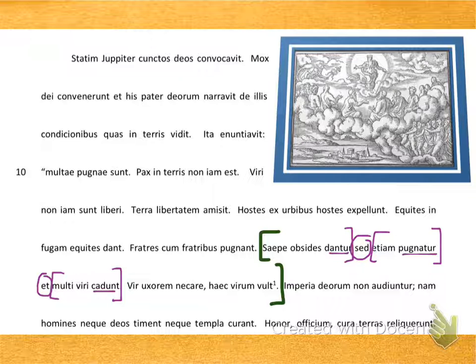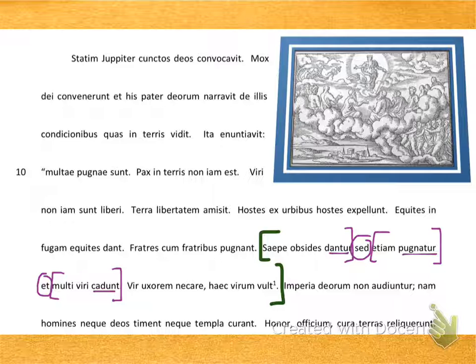The verb give in the passive voice doesn't really have a direct object because the direct object becomes the subject in the passive voice. So we could translate this as hostages are given, or even we could say treaties are given. Perhaps you might loosely translate dantur as made.